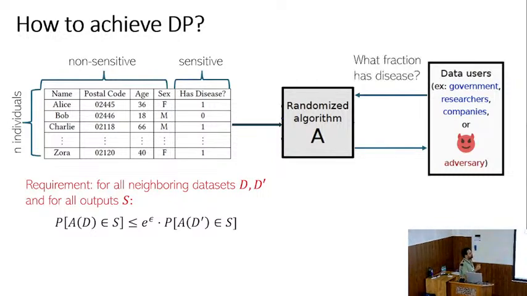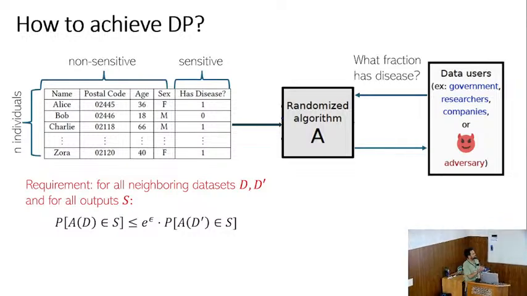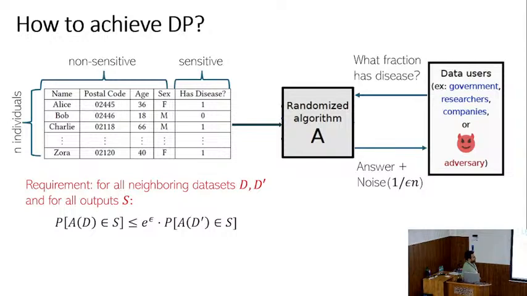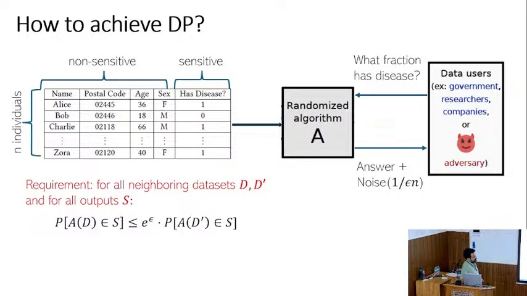Now think about this question: what fraction of the population has the disease? This is the query. How can we release an answer which will satisfy differential privacy? That is our goal. Say we release the answer equal to the true answer plus noise, which is of the order 1 by epsilon n. Suppose the fraction is 0.7; the algorithm will release 0.7 plus some small noise to the data users.